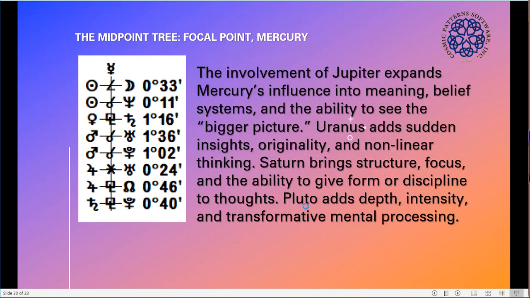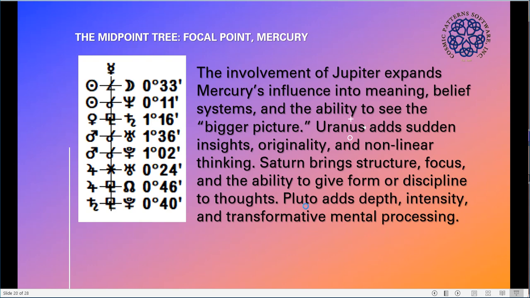The involvement of Jupiter expands Mercury's influence into meaning, belief systems, and the ability to see the bigger picture. Uranus adds sudden insights, originality, and nonlinear thinking. Saturn brings structure, focus, and the ability to give form or discipline to thoughts.